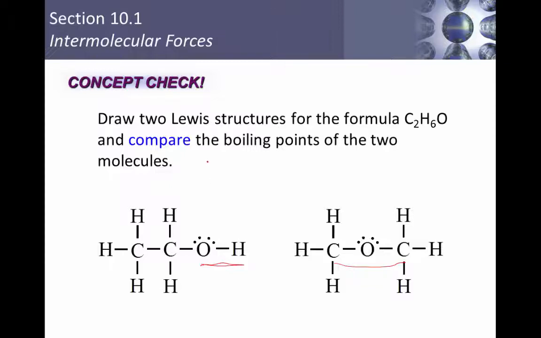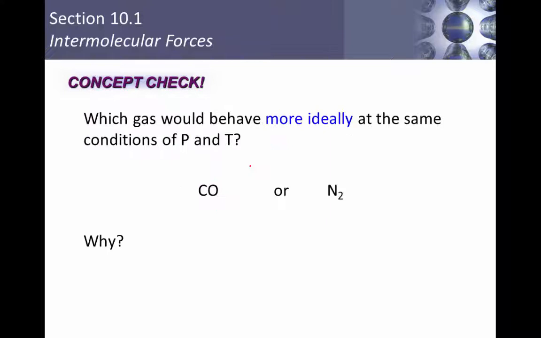Well, it should be ethanol because this has hydrogen bonding, versus dimethyl ether, which is a bent molecule, which is polar, so this has just dipole-dipole. So dipole-dipole versus hydrogen bonding, so higher boiling point for ethanol.